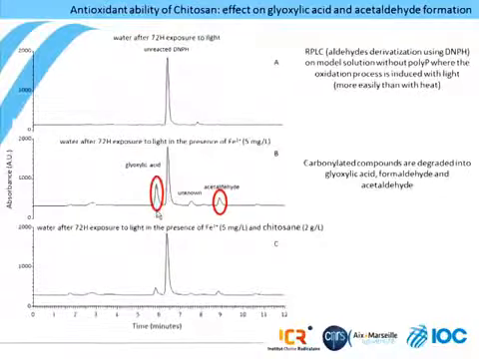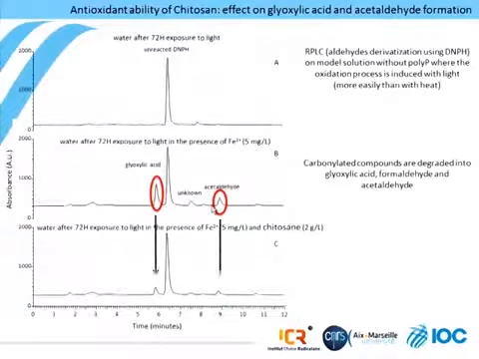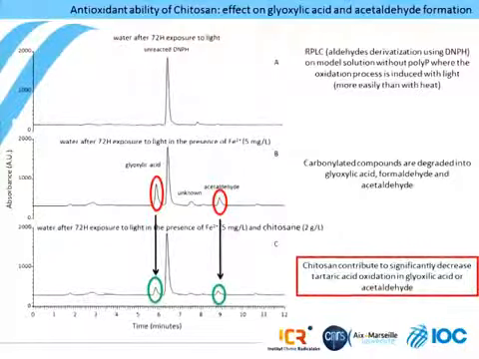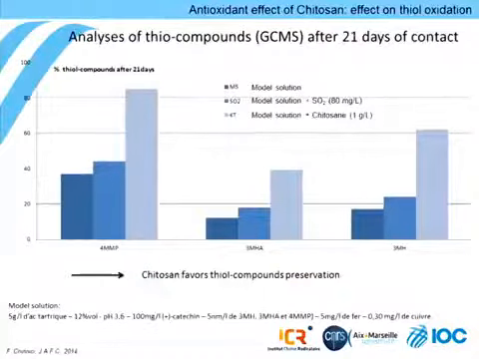This is what happened. Formation of glycoxylic acid, tartaric acid, and also acetaldehyde. Here we have a significant reduction in the solution in the case of chitosan.